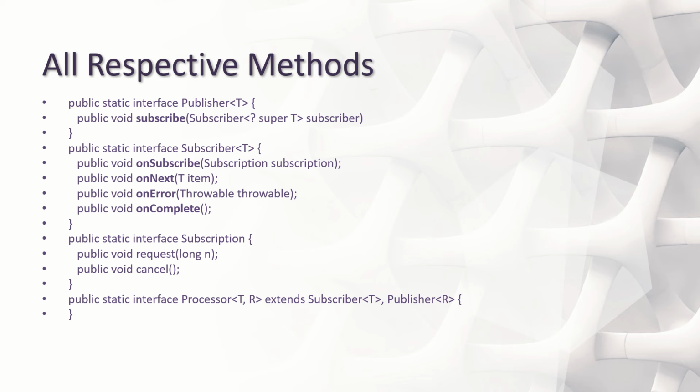Similarly, subscription has two methods, which are request and cancel, and processor has no methods, but it can act like both publisher and subscriber. So it has the ability to work like a publisher and a subscriber. Okay, so coming to the publisher methods, in the next slide also I have noted down all of them. So let's go to the next slide and then we'll see.